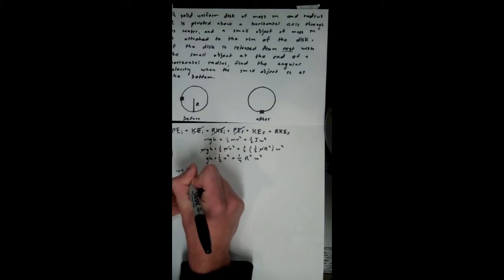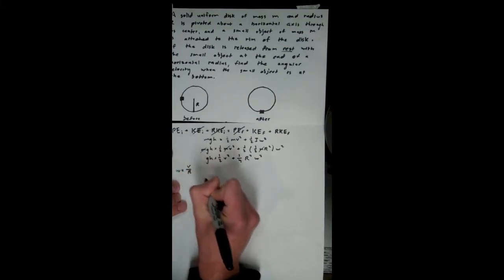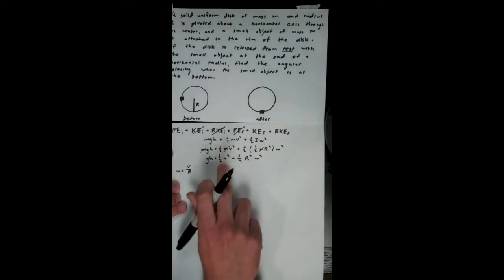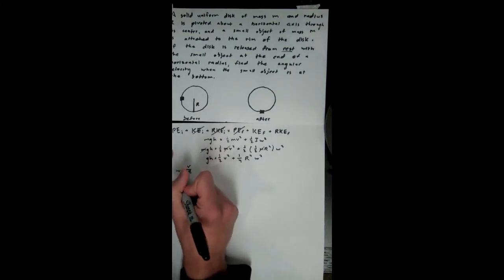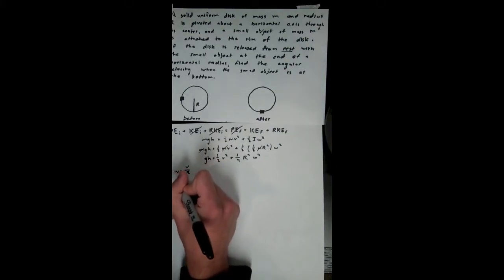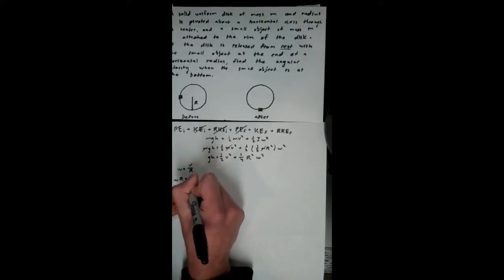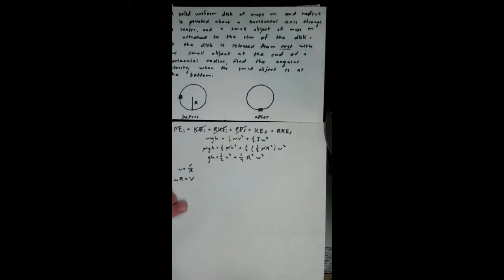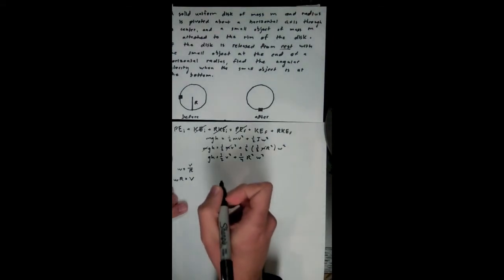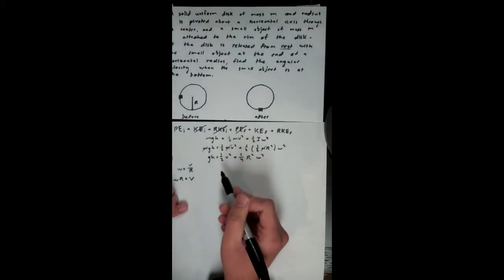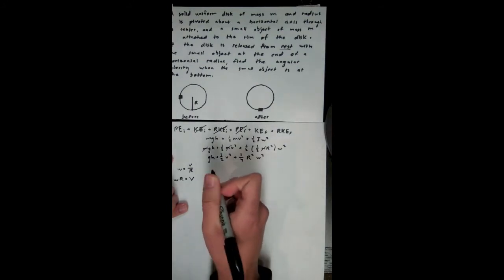Omega equals V over R. Now, since we have to turn V into omega, that makes omega R equal to V. So now what we can do is start substituting that into the equation.